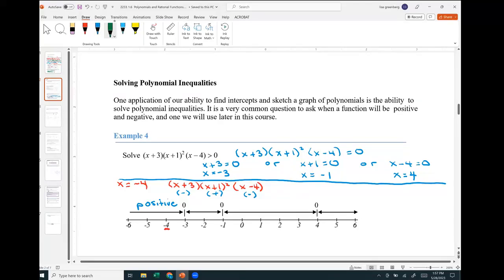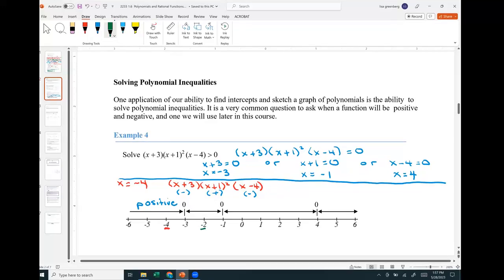Let's do the same thing here for -2. So when x equals -2, we have x plus 3, x plus 1 squared, and x minus 4. So -2, well, this is positive. This is always positive, and this is negative. So that makes this negative.